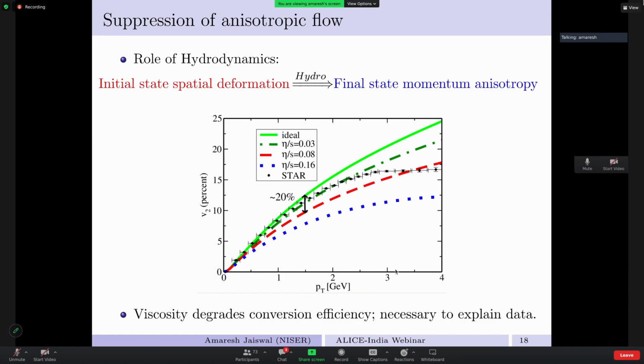I can get agreement up to 2.5 or 3 GeV. This is the first calculation of Romatschke, and there have been more sophisticated simulations that show good agreement with v2, v3, up to higher orders as well.